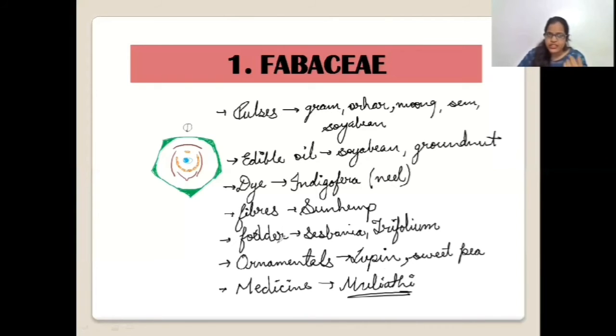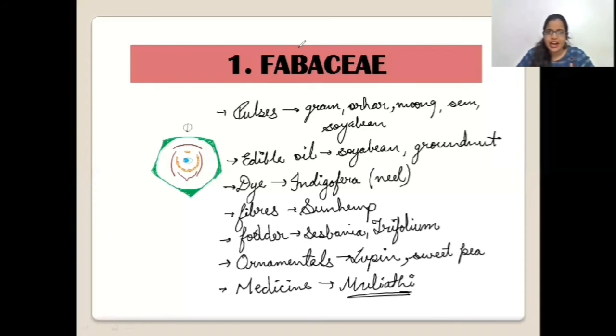Mulethi is used actually when there are some respiratory issues, means difficulty in breathing and all. So these are all the examples we have discussed for the family Fabaceae, and we are done with the first family.